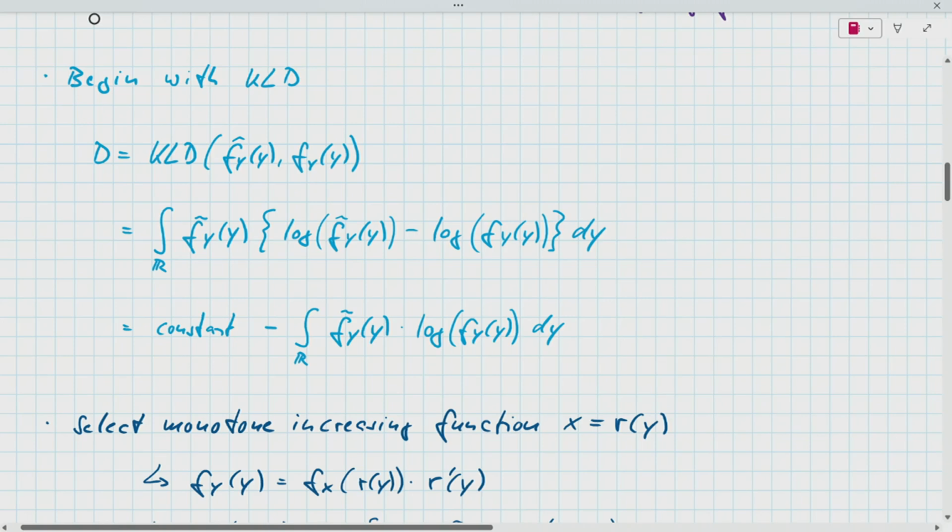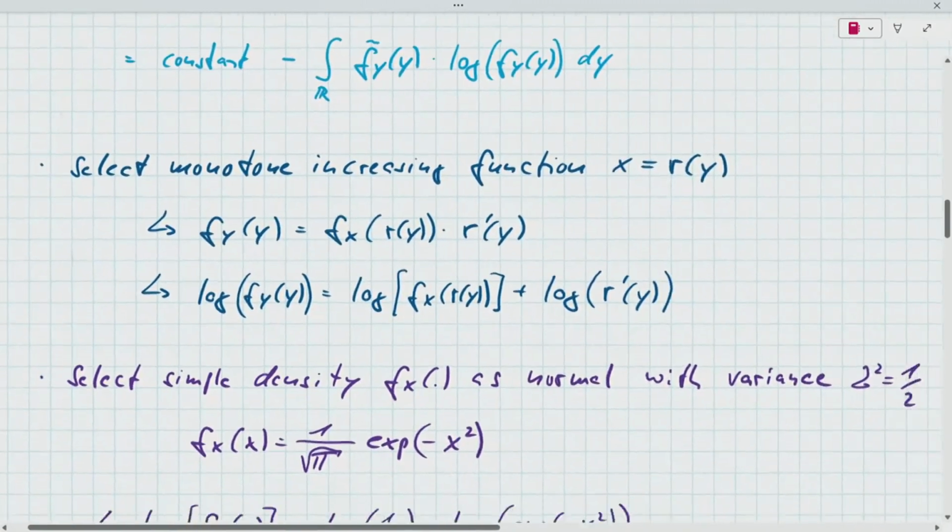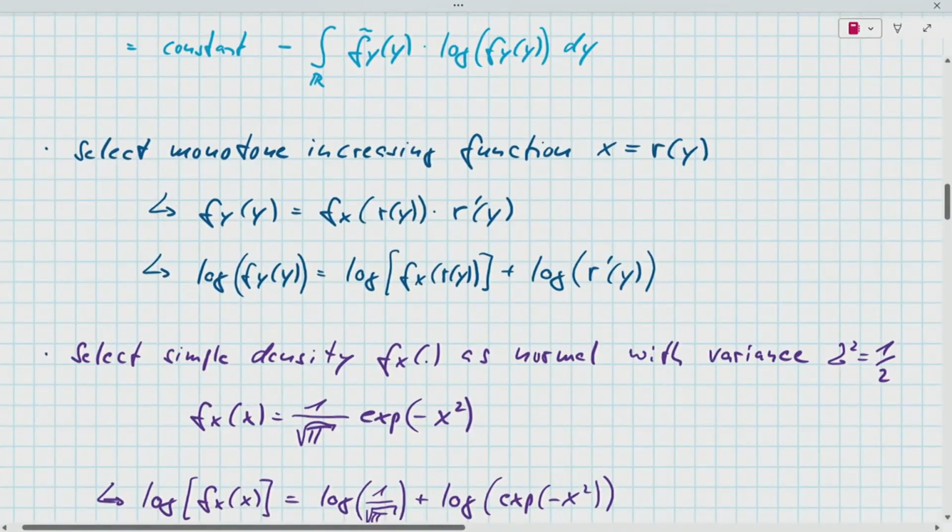Okay, let's do that. What we have to do is select some monotone increasing function T, so y is T of x. It should be strictly monotone increasing. When that is the case, we can find the function R, the reverse function, that is directly related to this T, because we have to convert between those two.